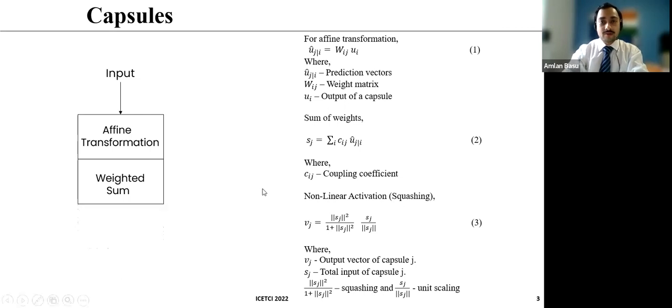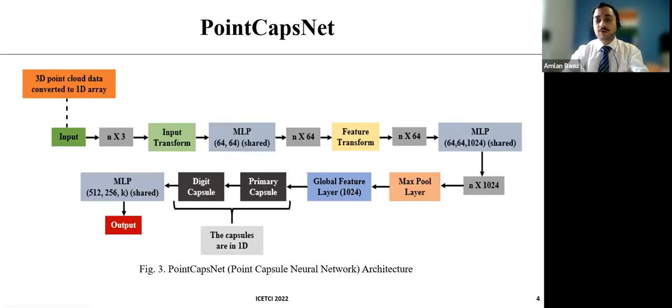Now, before designing the architectures of 1D capsule neural networks, we tried to integrate the PointNet architecture with the capsules.